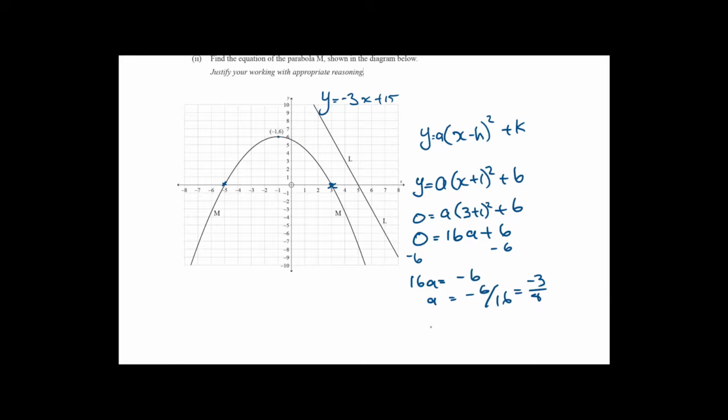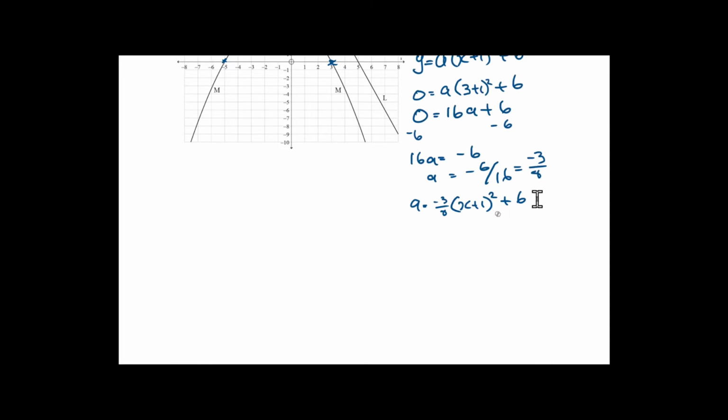And that's going to give us y equals negative 3 over 8 (x plus 1) squared plus 6. And then we would find whatever that is by expanding out the brackets.